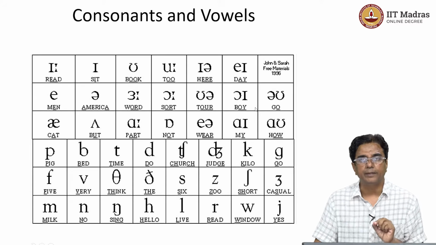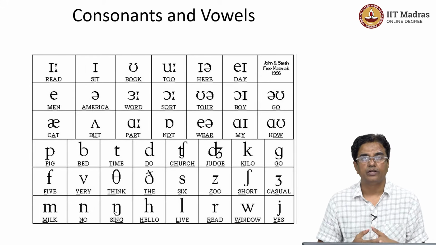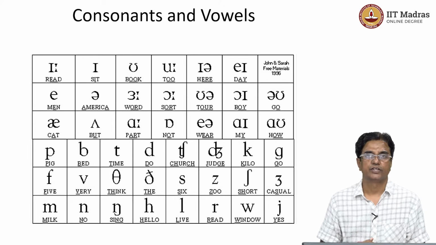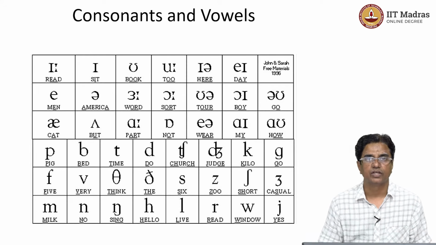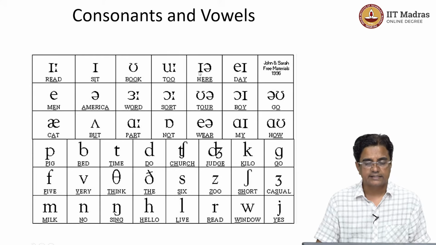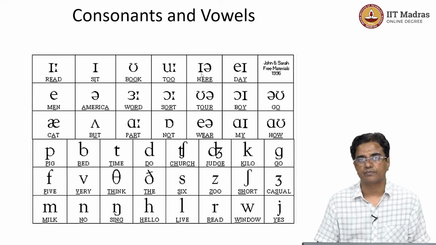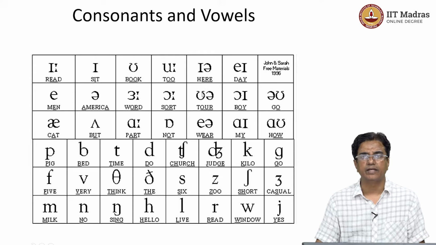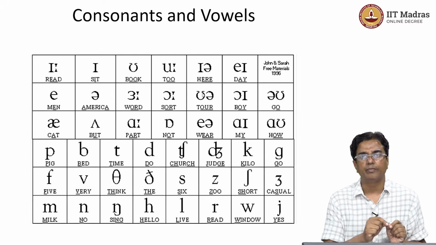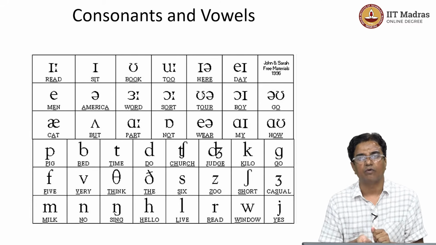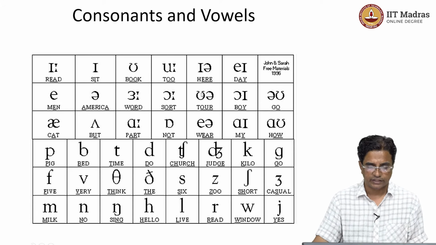These are diphthong sounds in English, which are called diphthong vowels. If you go by classification, some are monophthong vowels and some are diphthong vowels. A diphthong vowel simply means a sound which starts with one vowel but ends with another. That vowel is called a diphthong. We will look at the details of that.